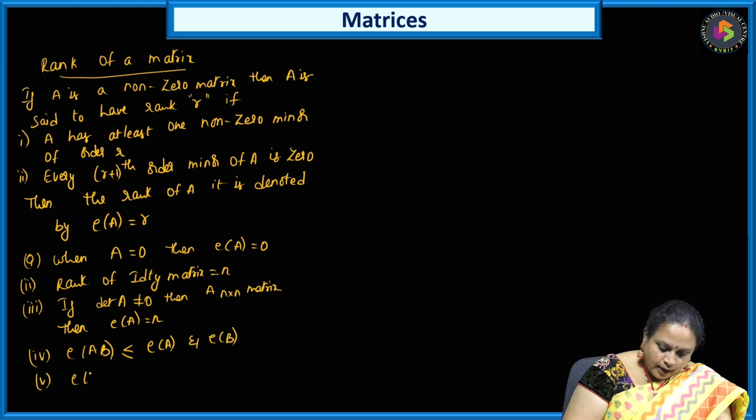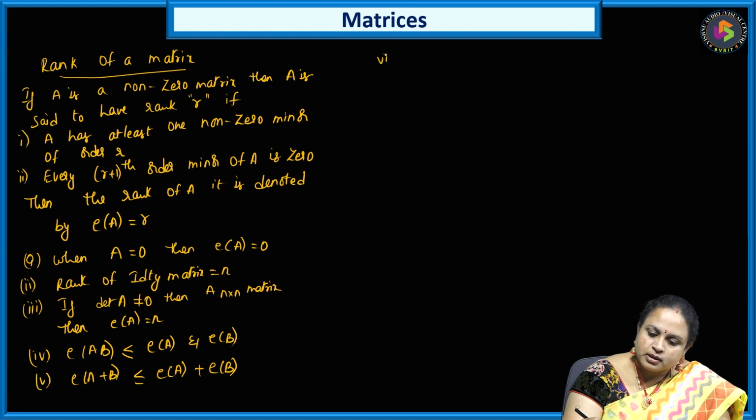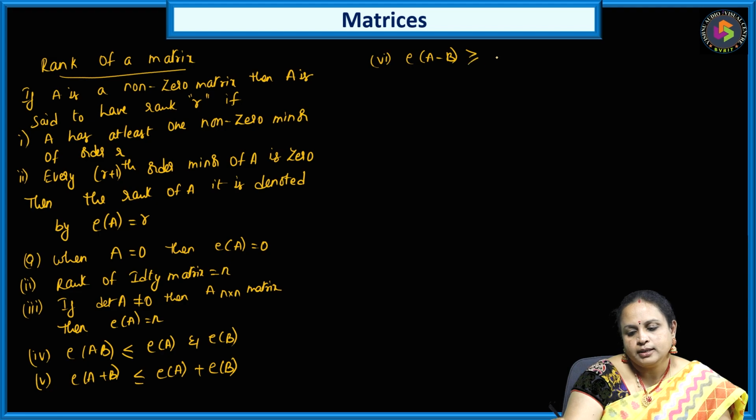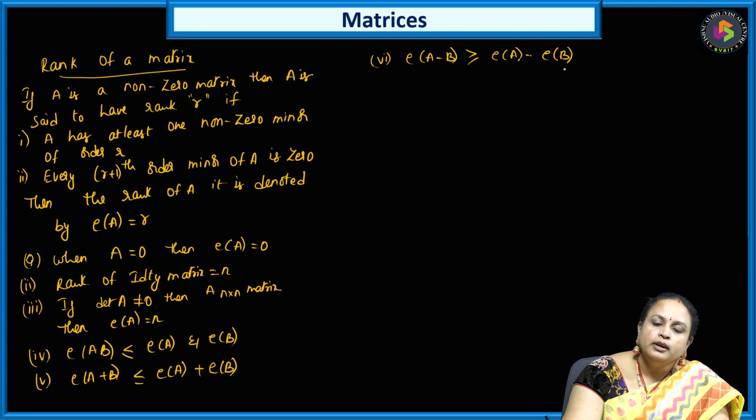Number 5: rank of A plus B is always less than or equal to rank of A plus rank of B. Number 6: rank of A minus B is always greater than or equal to rank of A minus rank of B. Suppose A is an n by n matrix.